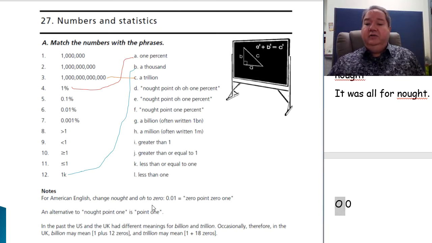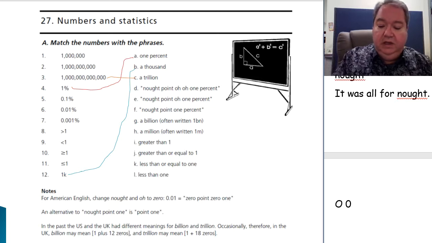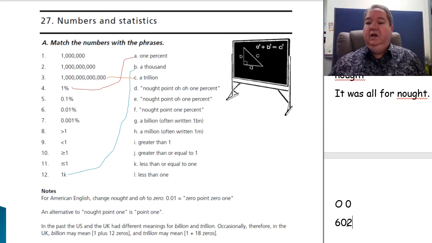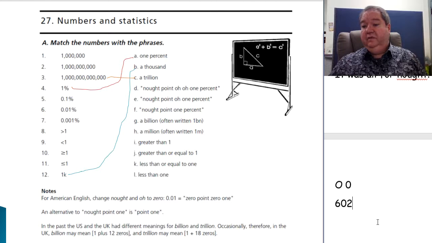Now in the book here they're saying, oh, Americans don't do that. We do it all the time. For example, if this room is 602, you could say "six zero two", or you could say "six oh two".